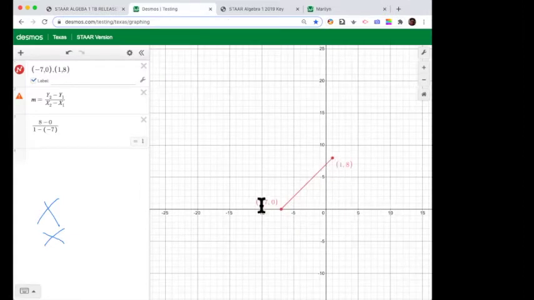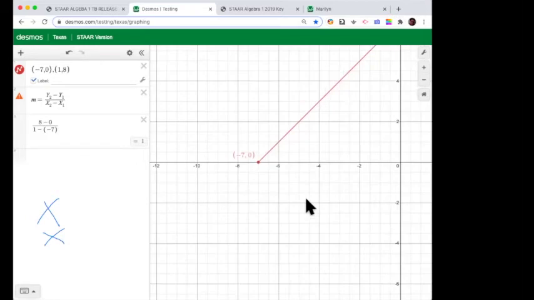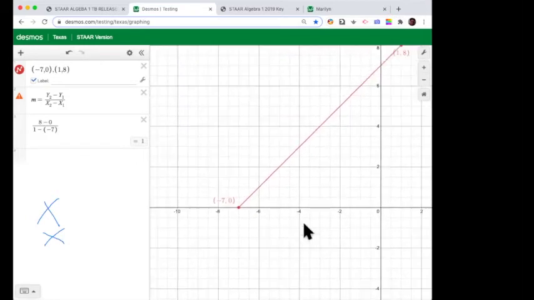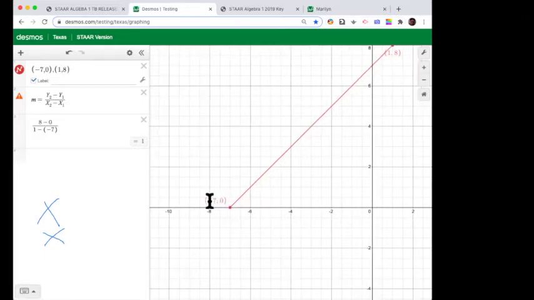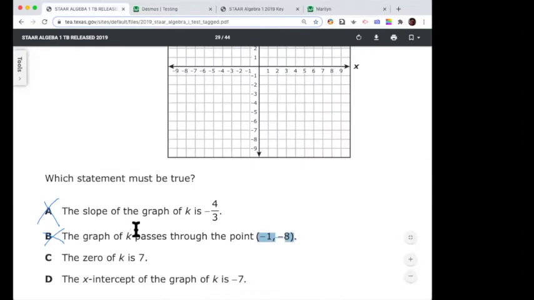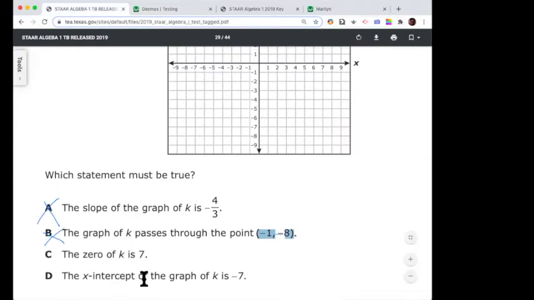On the other hand, if we're looking at the zeros, there's one 0 here, and that line intercepts the x-axis, that is the 0, at -7, 0. That means x equals -7. And what does our last one say? Our last one says the x-intercept of the graph is -7.